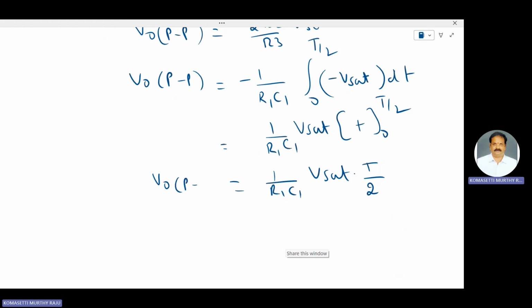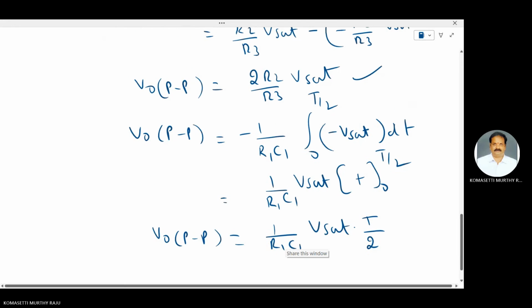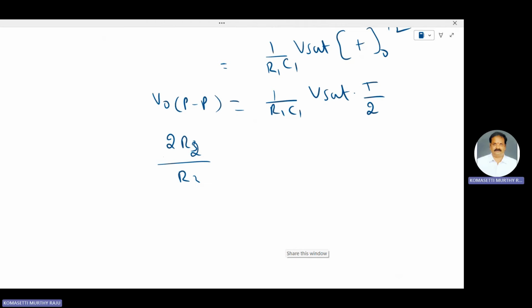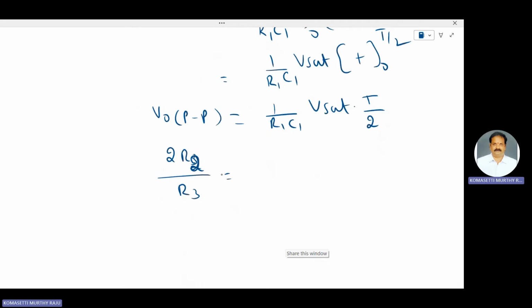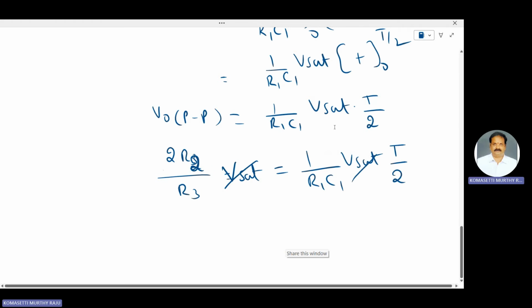Here V0 peak to peak is 2R2 by R3 into V sat, equal to 1 by R1 C1 V sat T by 2. V sat and V sat get cancelled.